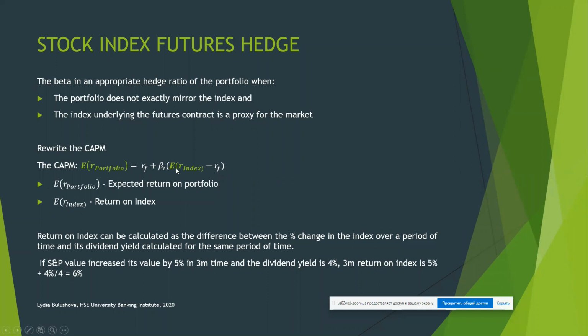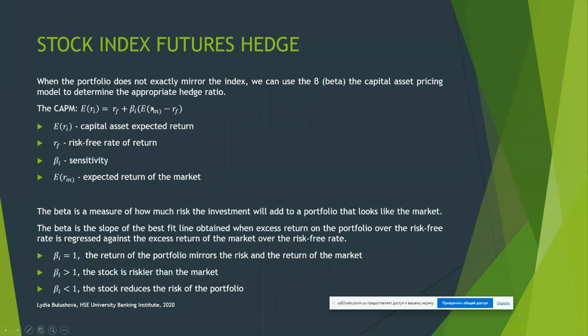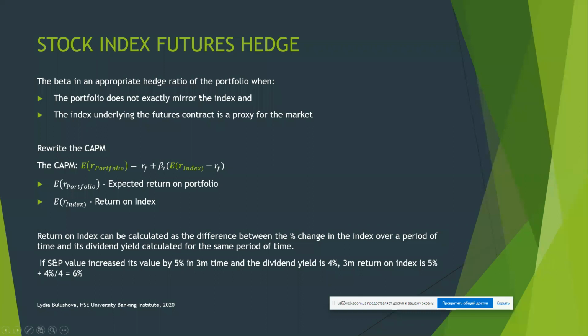If we talk about index futures, we use return on index. We have the market. If we use index futures, we use return on index, which is calculated as the expected market price change. This is our portfolio.